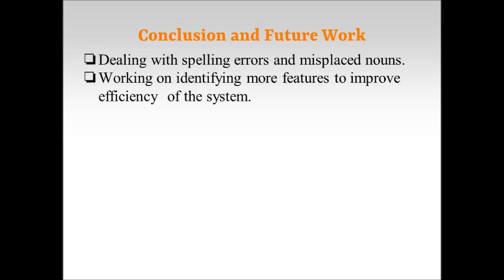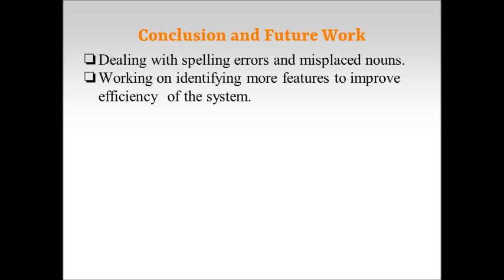As an end to this presentation, there were a bunch of observations which we saw from a learner corpus. For example, if the noun itself is misspelled, the chances are that the POS tagging would not work well because the noun is not recognizable to the Penn Treebank. So how do we deal with some of the misspelled errors?